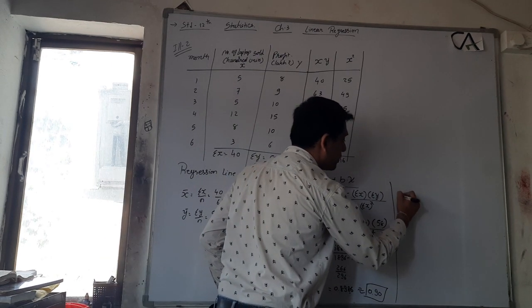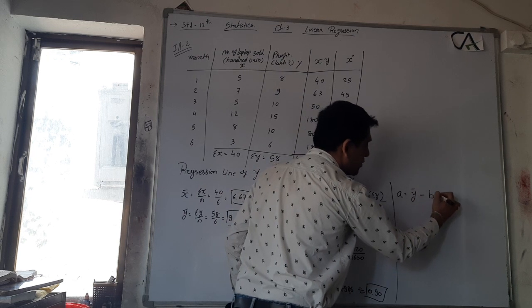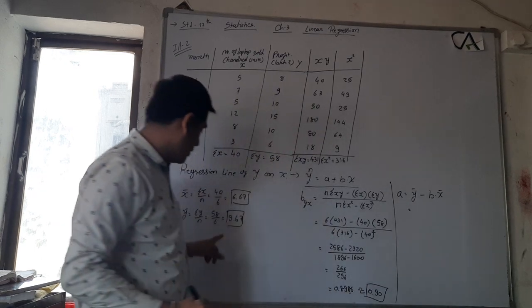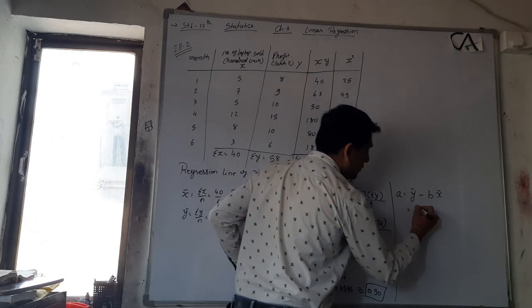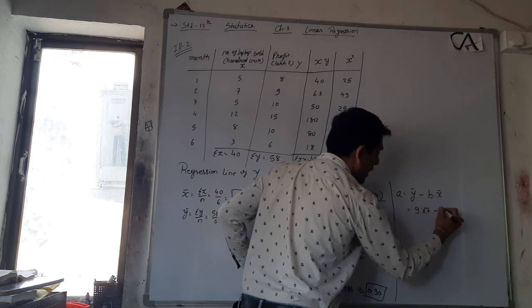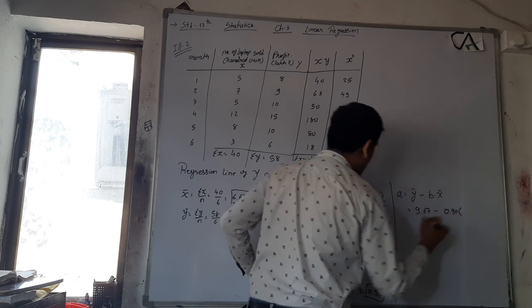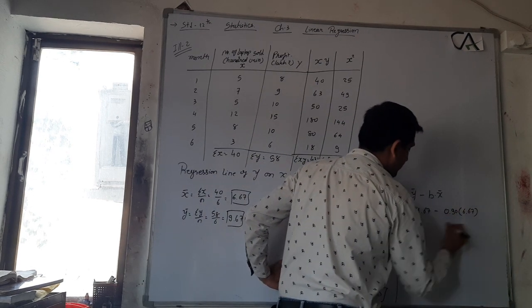Now a is equal to y bar minus b x bar. Y bar is equal to, here we find out this value, 9.67 minus b is equal to 0.90, x bar is equal to 6.67.